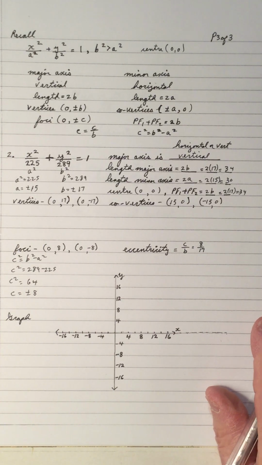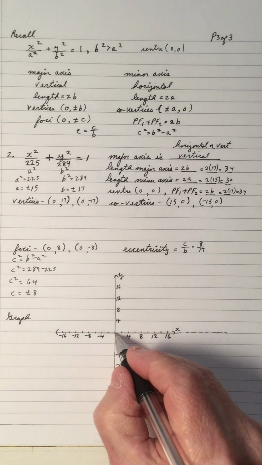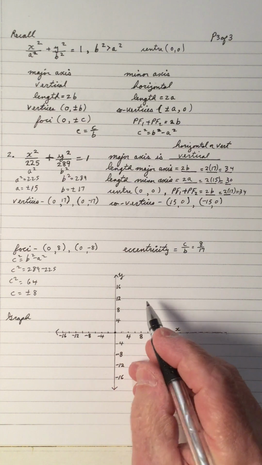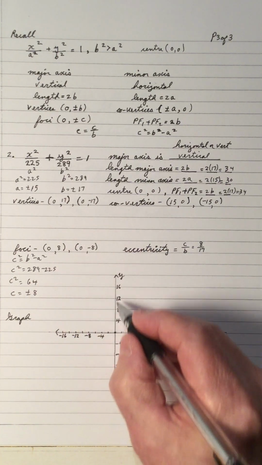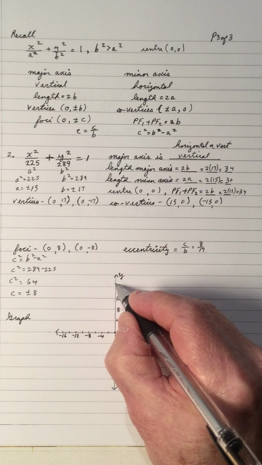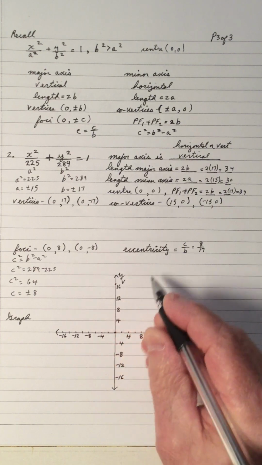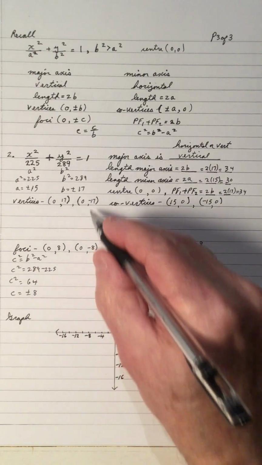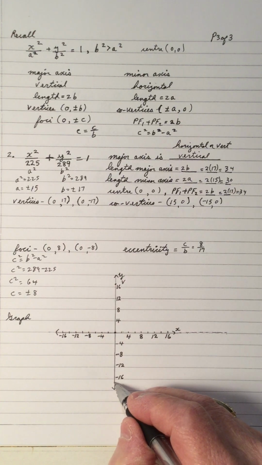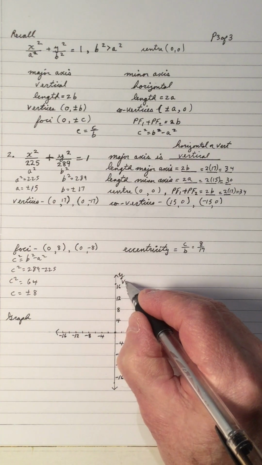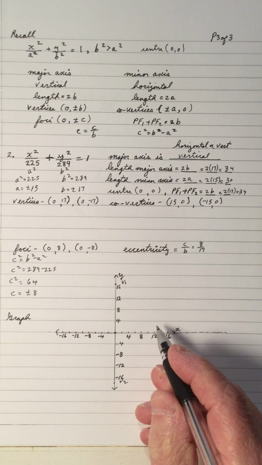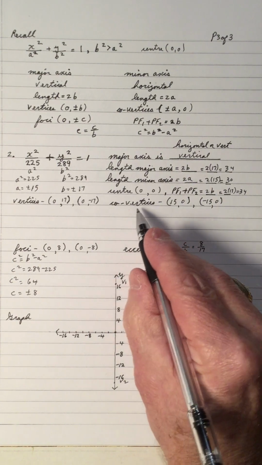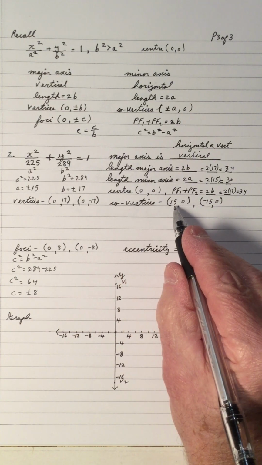Now let's graph. What we have is the center 0, 0 right there. We have the vertices of 0, 17. Let's take it to be there. So that's vertex 1. And we have 0, negative 17. Let's take it to be there. That's vertex 2. And the co-vertices are 15, 0.